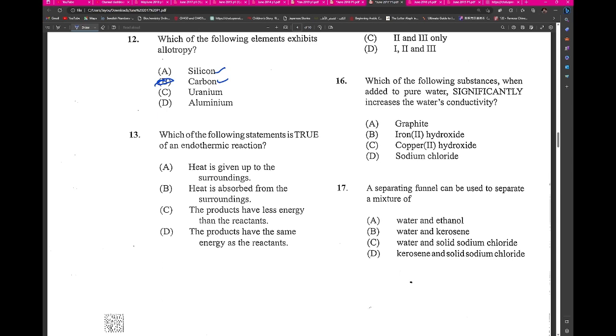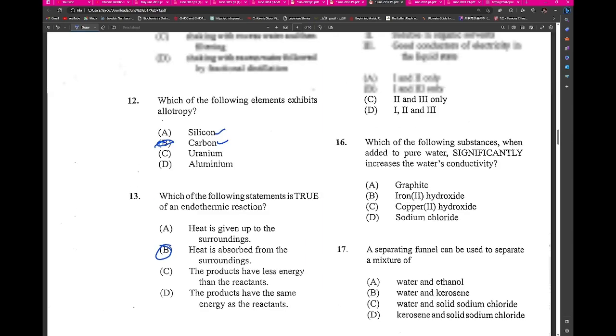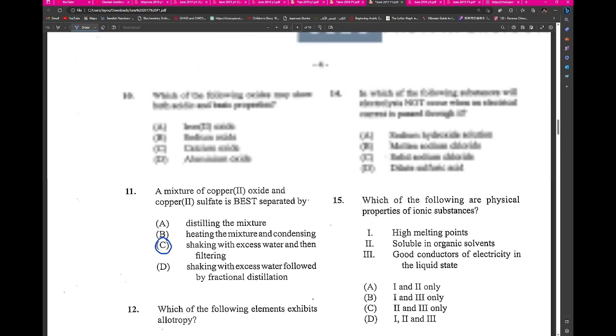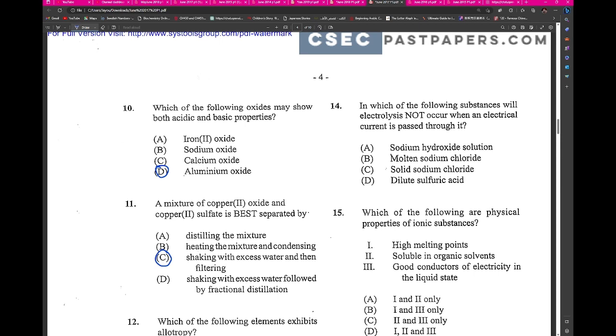Which of the following statements is true of an endothermic reaction? Endothermic, heat is absorbed from the surroundings. Right, let's look at this. In which of the following substances will electrolysis not occur when an electrical current is passed through it? Right, we're looking at solid sodium chloride.